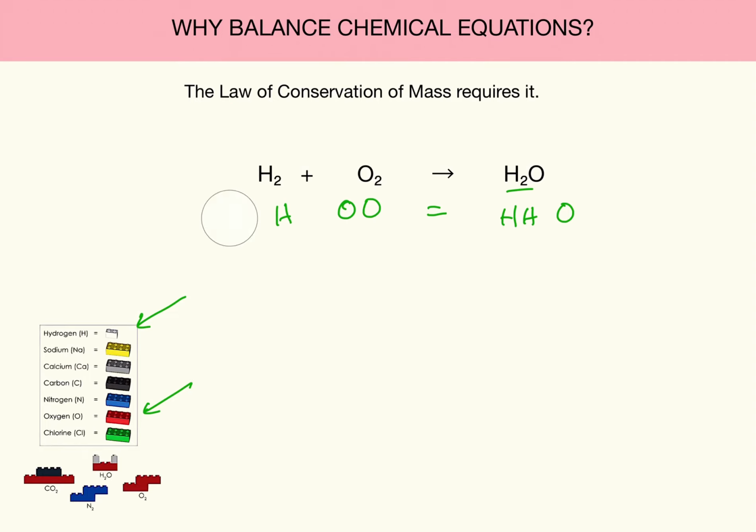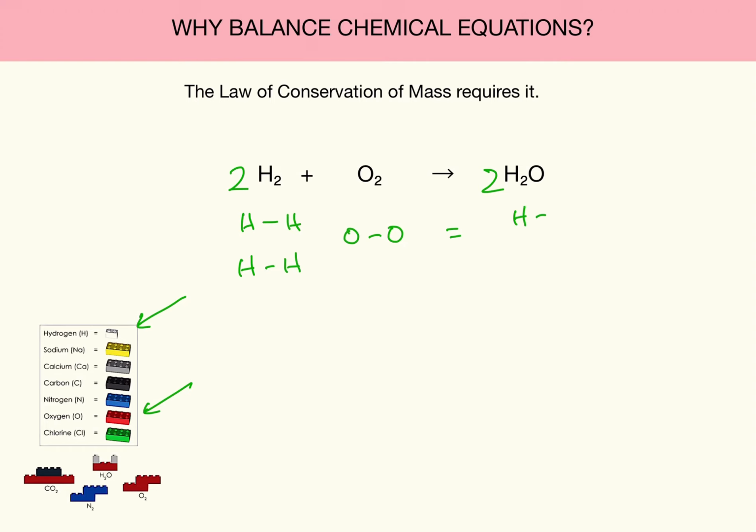So now that you know why, let's see what we would need to do to that. Oh, I know. We put a 2 in front of that and a 2 in front of that. Well, what do we have now? We have four H's. Let's draw an H2 and an H2, and we have one O2 molecule. And what does that go to? Two H2Os.